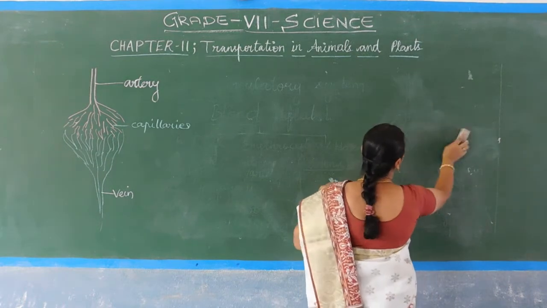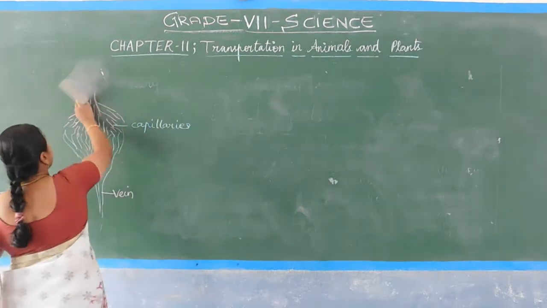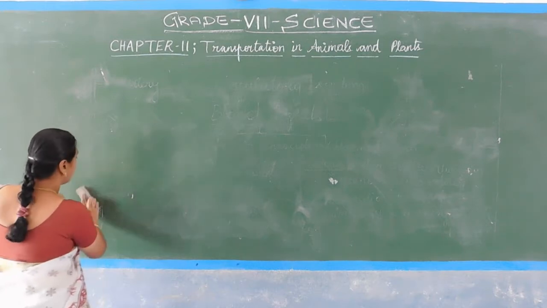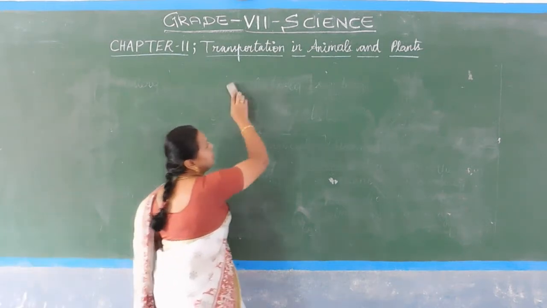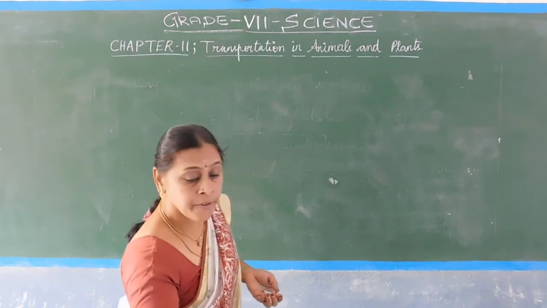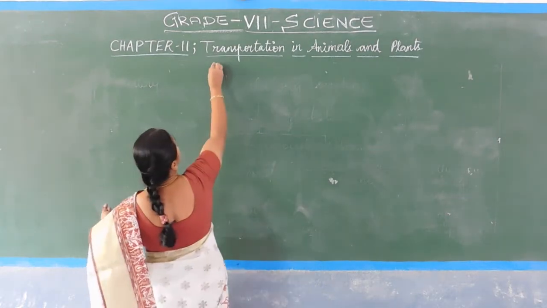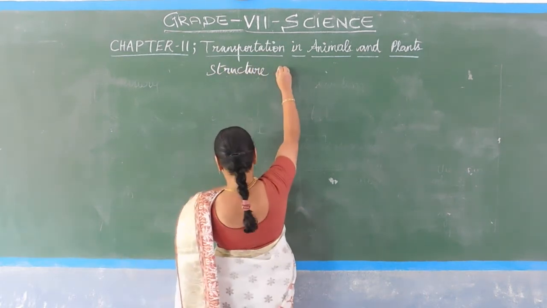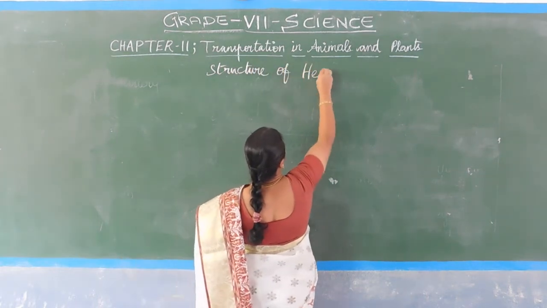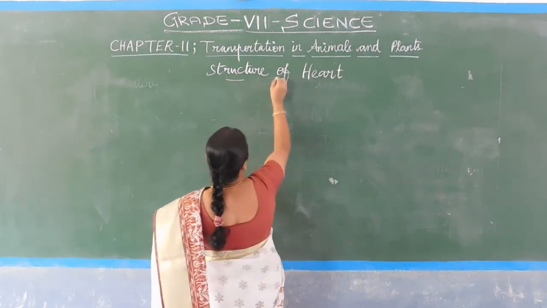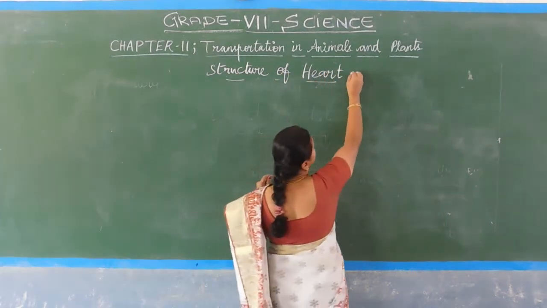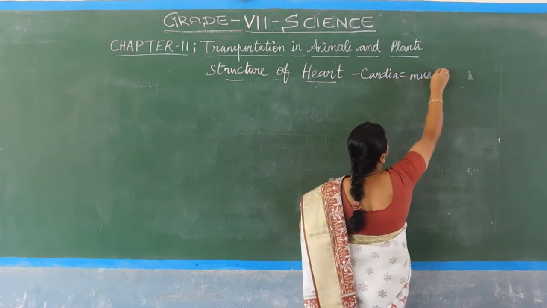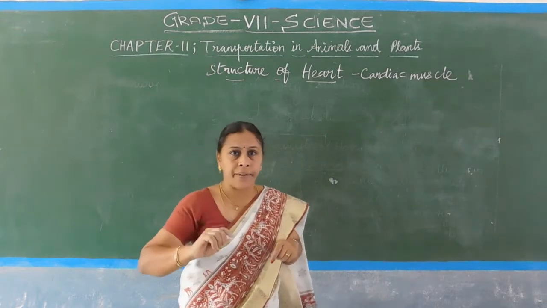The heart is made up of a special type of muscle called cardiac muscle, and it works throughout life.